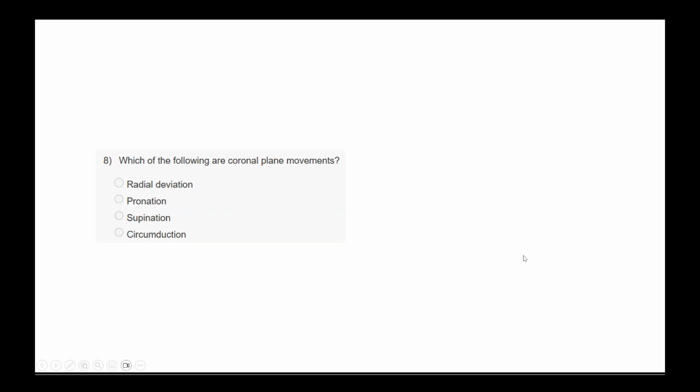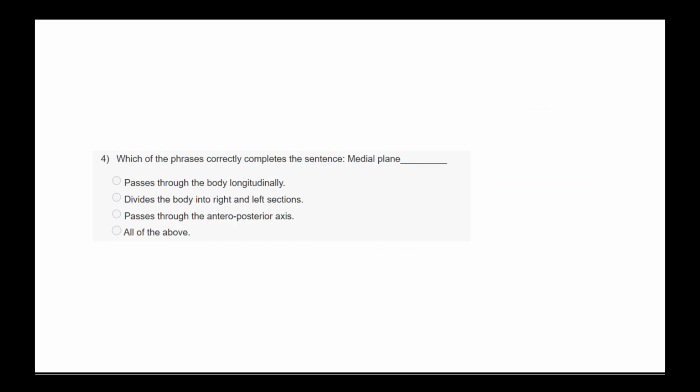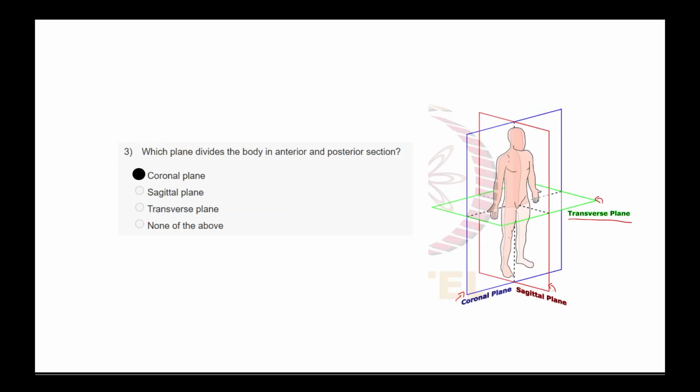Okay, next question. Which of the following are coronal plane movements? A, radial deviation; B, pronation; C, supination; D, circumduction. So remember, the coronal plane is this, which divides in front and back.